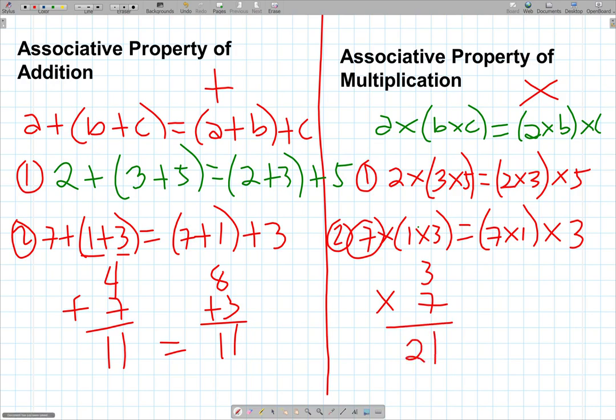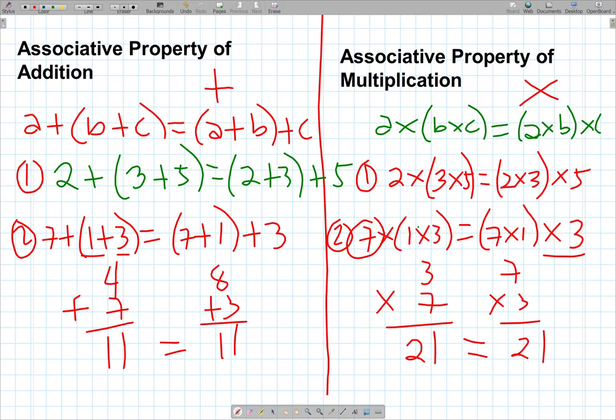Then, sa kabila naman, 7 times 1. So 7 times 1 equals 7. Right? So 7, times 3. So 7 times 3 is just the same as 21. So that is associative property of multiplication.